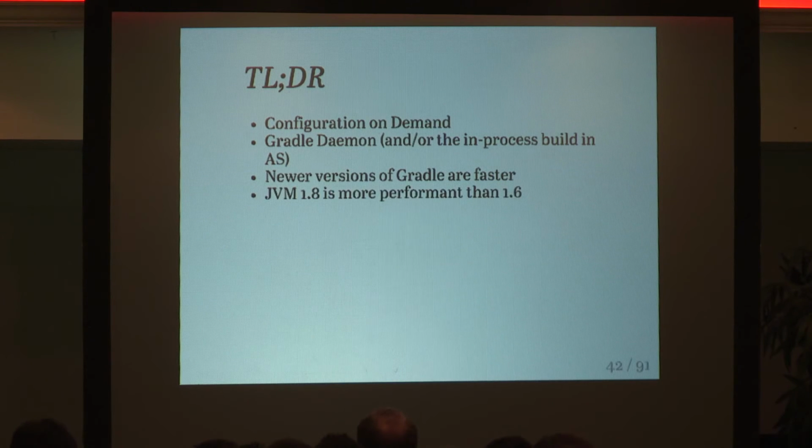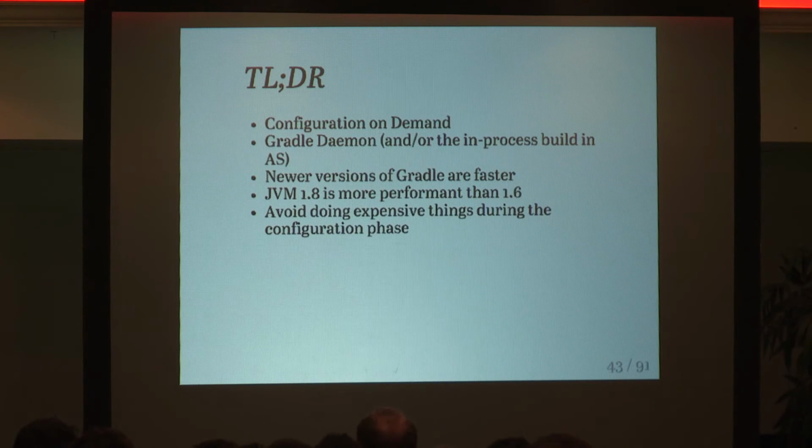Turns out that the newer versions of the JVM are also faster. Avoid doing expensive things during the configuration phase, like the Git example, but you might also read a file or make an HTTP request or do any expensive I/O right there in the Gradle script. Try not to do that. And don't use dynamic dependencies.